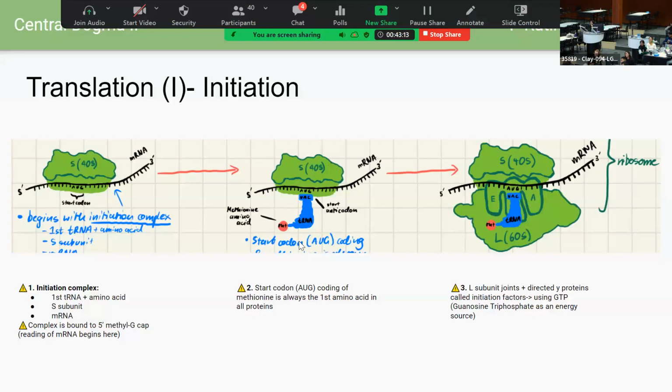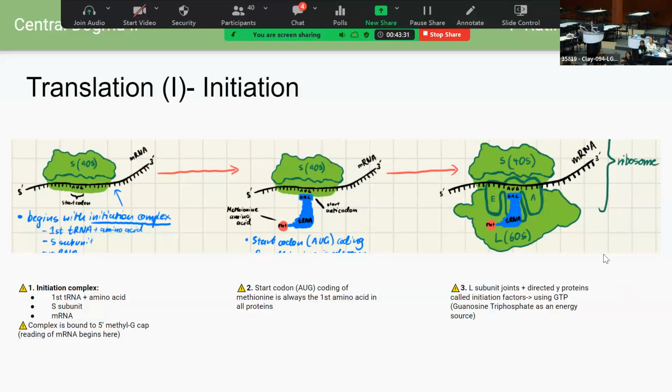That's where it starts mRNA reading. But the actual synthesis of the polypeptide chain won't start until you reach the start codon here, which is AUG. And that's always the first amino acid of all proteins.